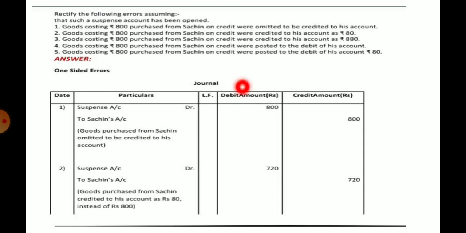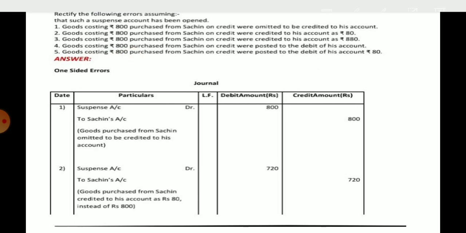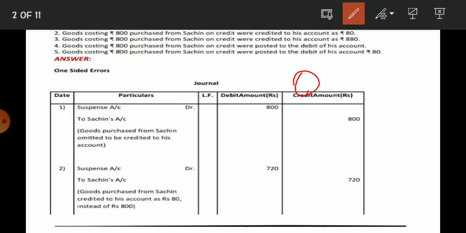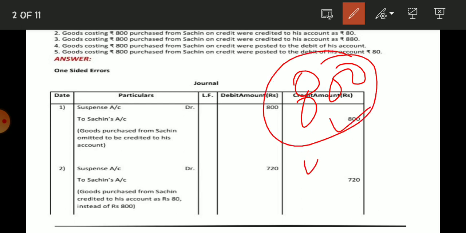Now why do we enter 1600 rupees? Goods costing 800 purchased from Sachin on credit were posted to the debit of his account. So first of all we have to rectify this entry: the 800 debited should be credited, which is wrongly debited, and the 800 that should be entered into Sachin's account also has to be entered.